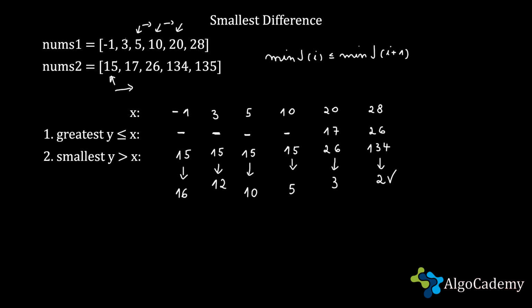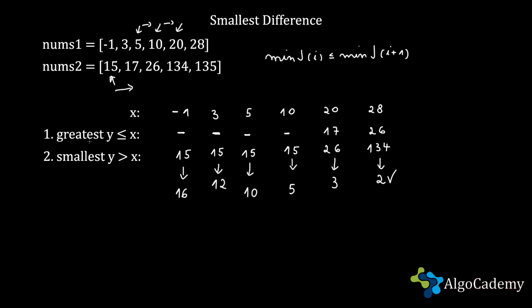We will iterate through each element from the first array. And we are going to store two pointers, one pointing to the greatest y in this second array, and the other one pointing to the smallest y also in this second array. And each time we make the transition and go to the next element in nums1, we will move the first pointer to the right for as much as we can.